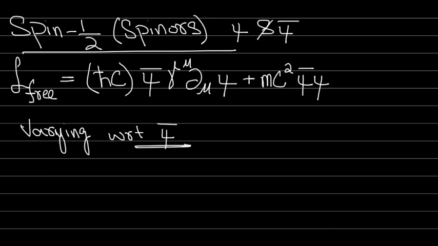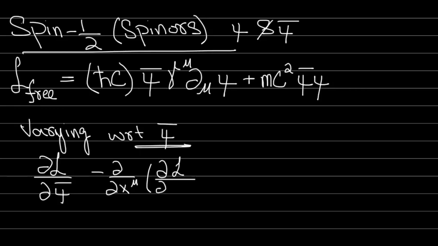So again, our goal is to simply solve this equation, that is partial L over partial psi bar minus partial over partial x mu times partial L over partial (partial mu psi bar) is equal to 0, right?